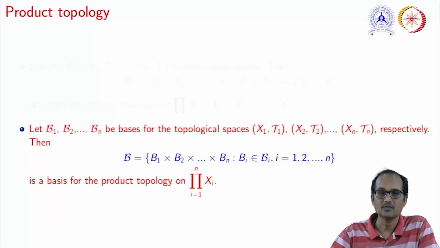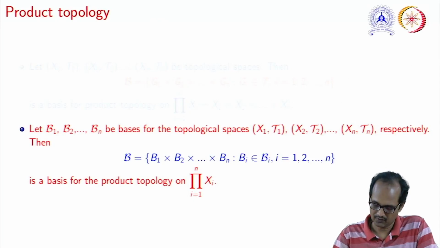Moving ahead, similar to the concept of product topology on two sets, where a basis was given for only two topologies, the same concept can be generalized for n topological spaces.